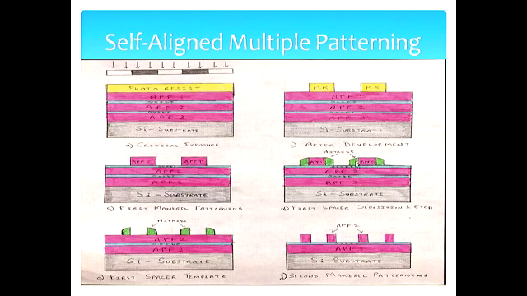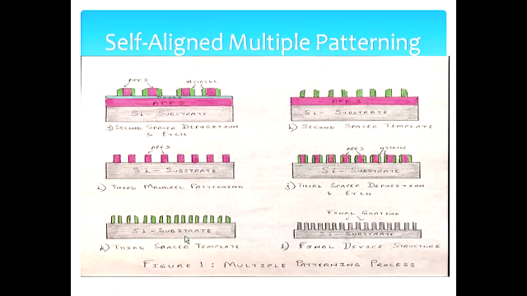So this is a mandrel and these are the spacers. Then you etch away this APF layer, again using oxygen plasma etching, so that what you're left with is these spacers. Now this is the first spacer template, which I will again use to etch APF to get this layer. So this is what was exactly below here.